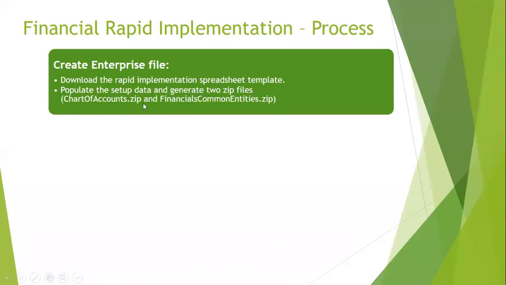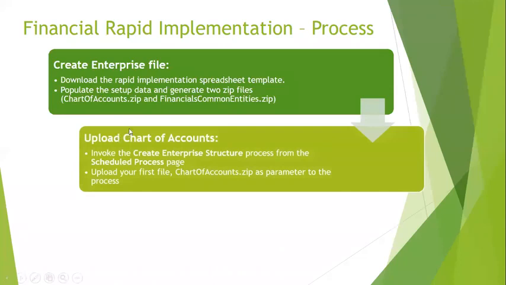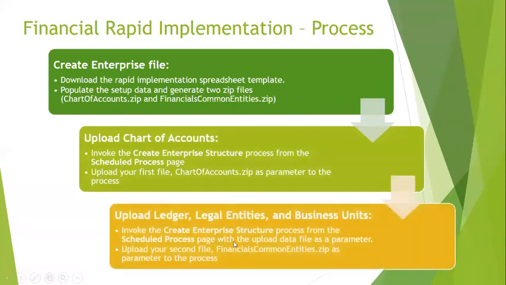One is the chart of accounts zip and the other is the financial common entities zip. So the system will create 2 zip files. Now we have to load the chart of accounts zip file, and the common entities file individually, by uploading them into the Fusion application. So the system will go and create all the setup data automatically. This is all about the process.